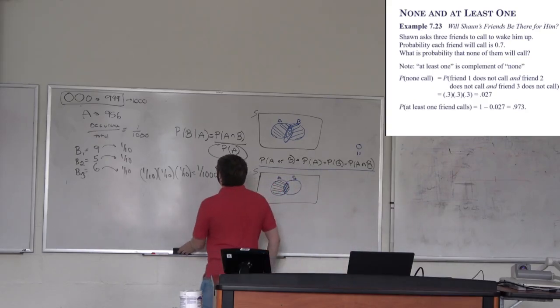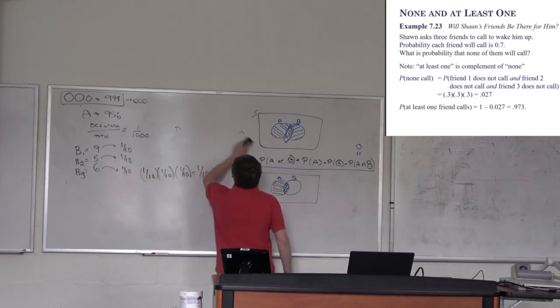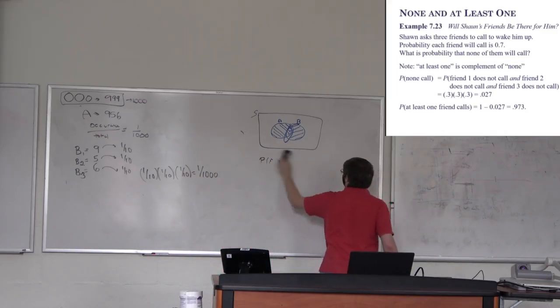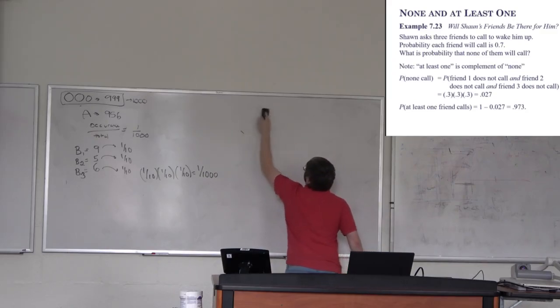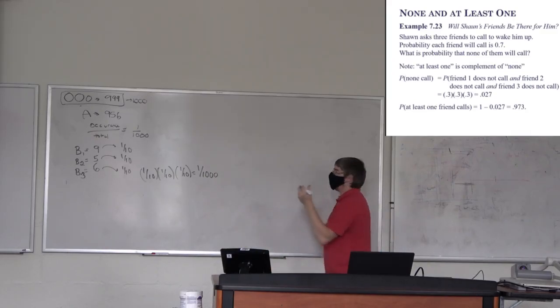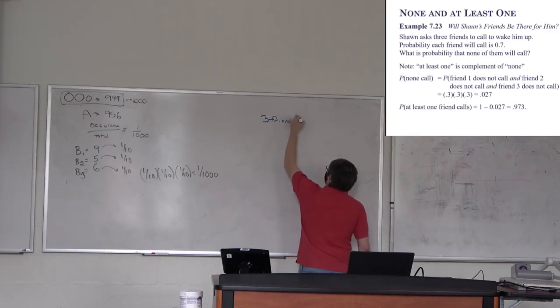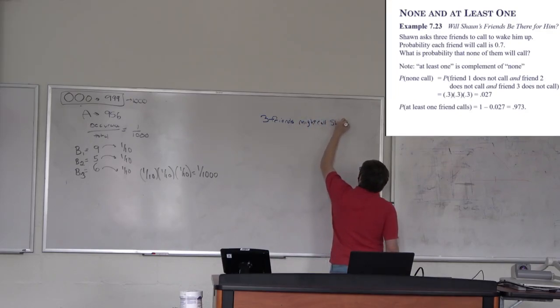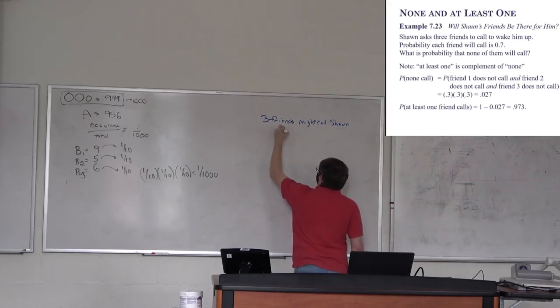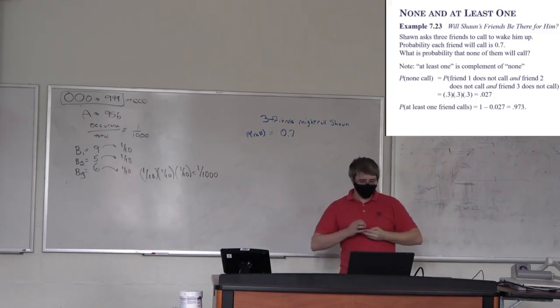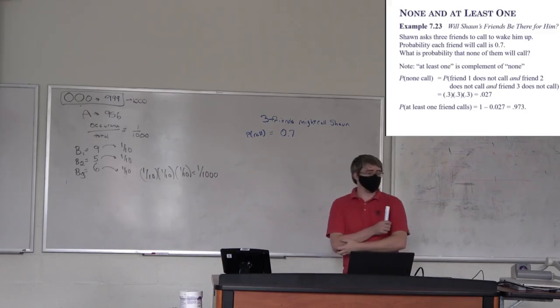So three friends might call Sean, and each friend has a probability of calling of 0.7. What is the probability that none of them will call?